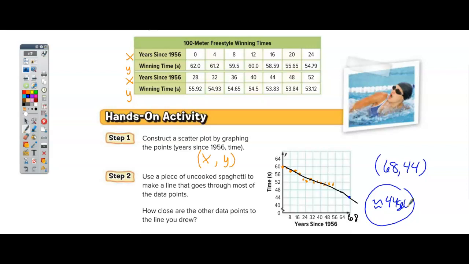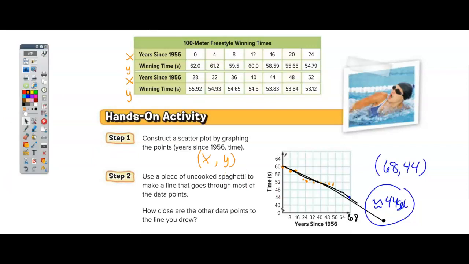And the answer is actually no, because realistically, if I continued that line on forever, I'm going to get to a time of 0. Well, you can't swim 100 meters in 0 seconds. So realistically, it wouldn't always work, and even 44 seconds is a pretty extreme time, so it'd be a little difficult to meet. So your answer for that last question is no, it won't always work, because at some point it's going to be too small to be realistic.